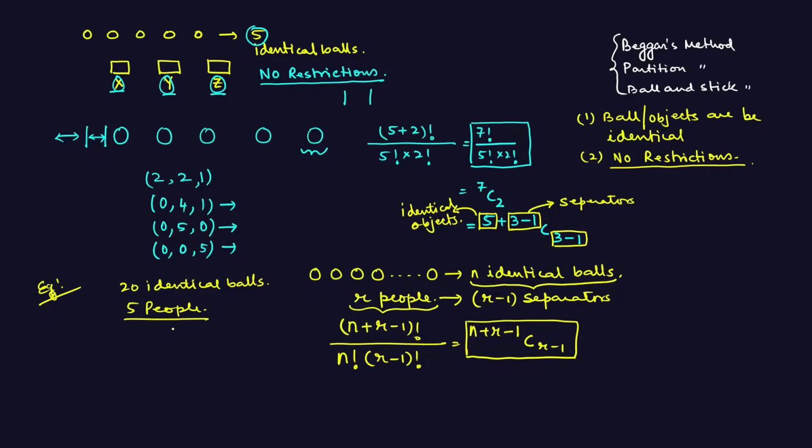I can use this Beggar's method because here there is no restriction and all the balls are identical. So the total number of ways will be 20 plus 5 minus 1 C 5 minus 1, exactly using the formula n plus R minus 1 C R minus 1. So your answer will be 24C4. Is it clear to all of you?